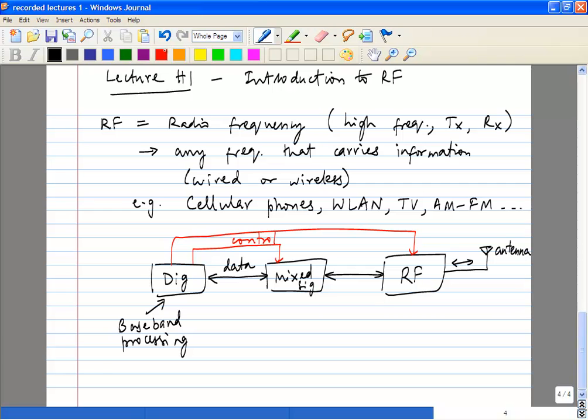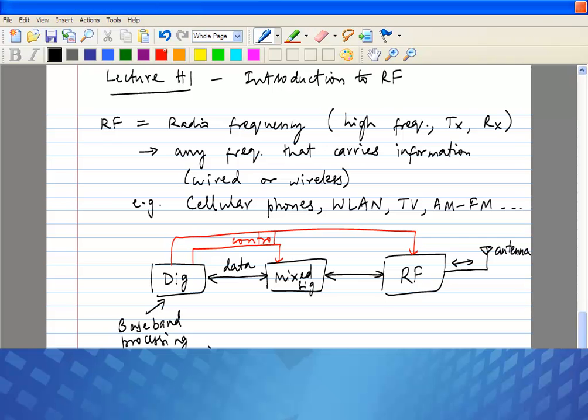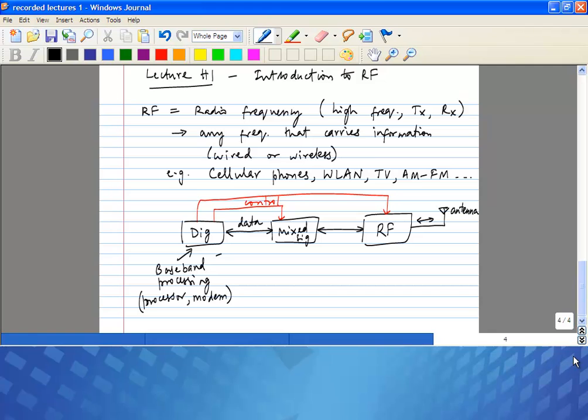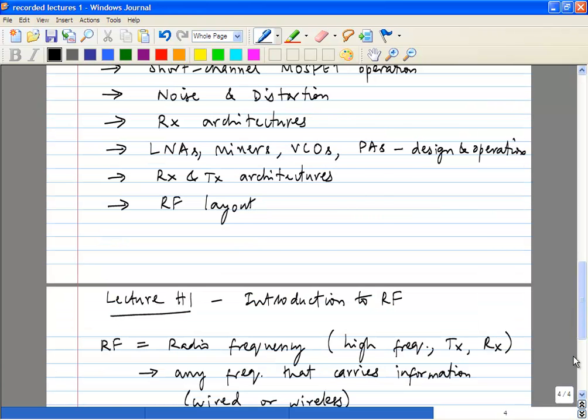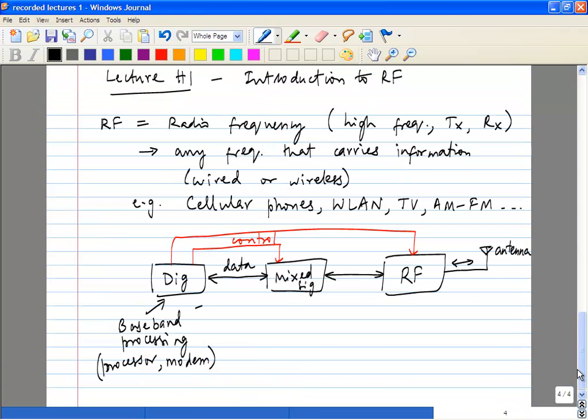So typically this could be the processor, it could include the modem, etc. The mixed signal portion includes the ADC, the analog to digital converter, the digital to analog converter, etc. You have a bunch of other systems.